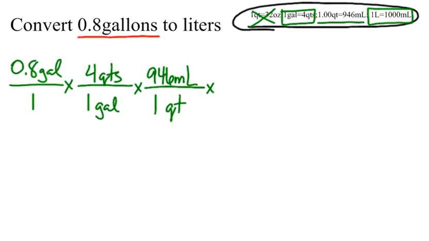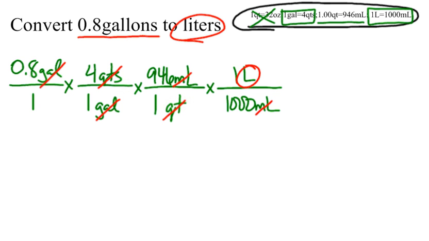And then my last conversion, because I don't want to stay at milliliters, is to get to liters. I know that there's 1,000 milliliters in every 1 liter. So if I cancel out my units, quarts are gone, gallons are gone, milliliters are gone, and I'm left with just my liters, which is a good thing. That's what I want.